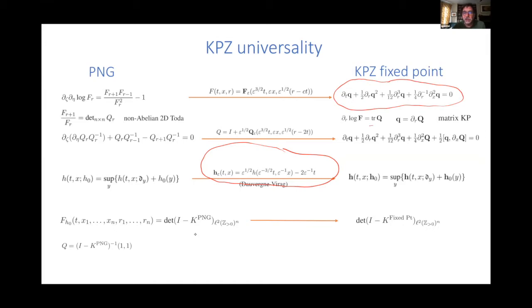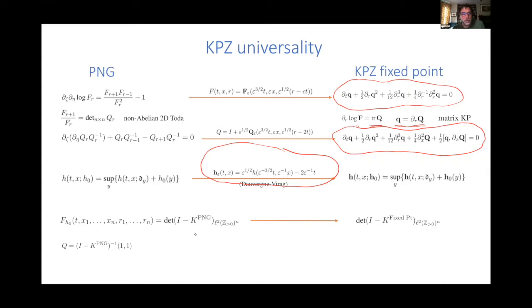So the determinant has become a trace of a matrix Q, and it and its derivative, little q is just the R derivative of Q, satisfy a matrix version of the KP equation, which is this one here. Okay, so these again are all well-known completely integrable systems, this matrix KP.